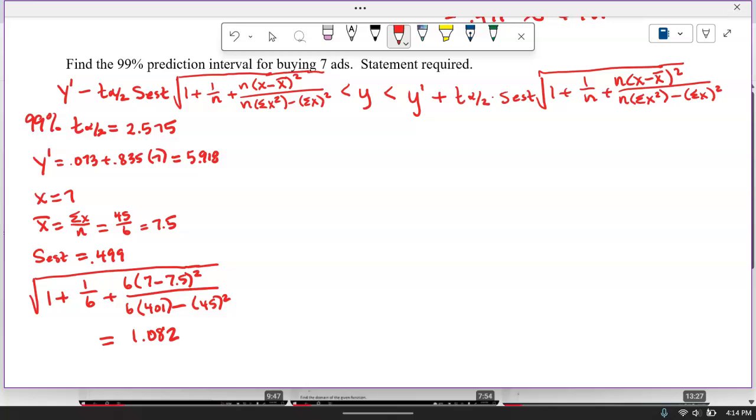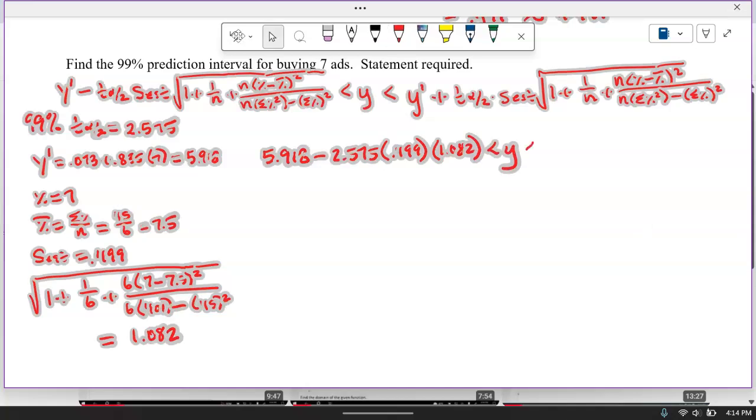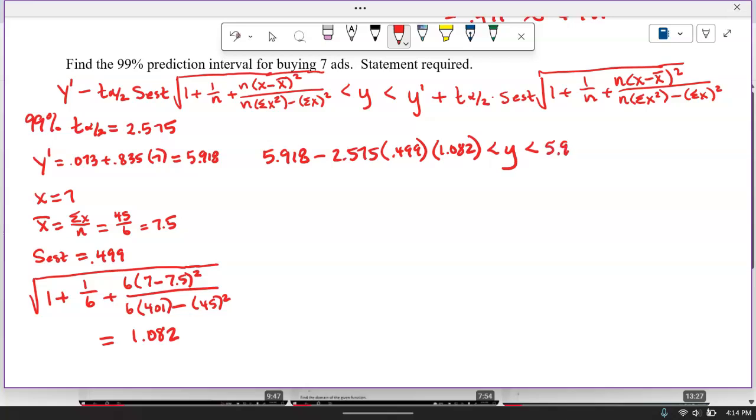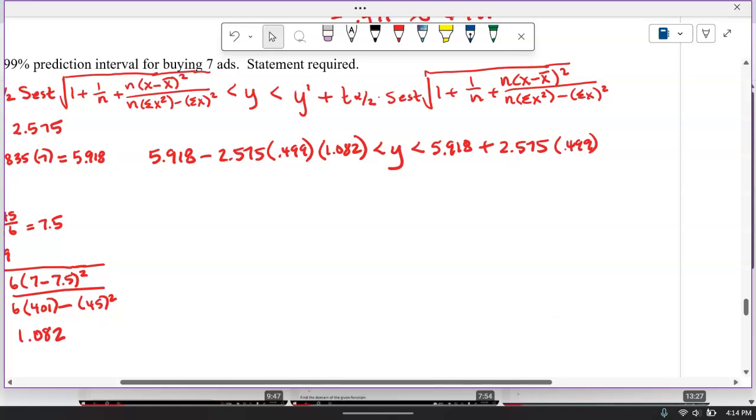All right, so let's plug in real quick. I'm just going to go from left to right. Y prime, or 5.918, minus T sub alpha over 2 times the standard error of estimate times the entire square root. On the other side, exactly the same, 5.918, but this time with a plus sign, 2.575 times our standard error of estimate times our square root.